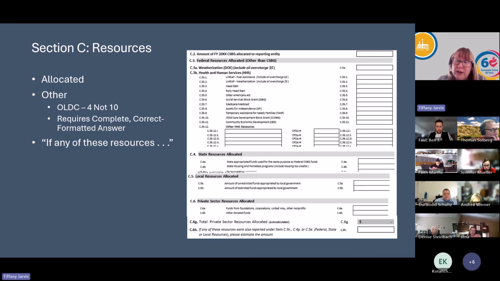It also cannot be greater than, in this particular example on the screen, 6G. If your number here is 10, and you say if any of these resources are also reported under, this is on the federal, so let's say you are reporting 10 federal resources. Then on the state, you report there are 15 dollars that could be reported in the others.